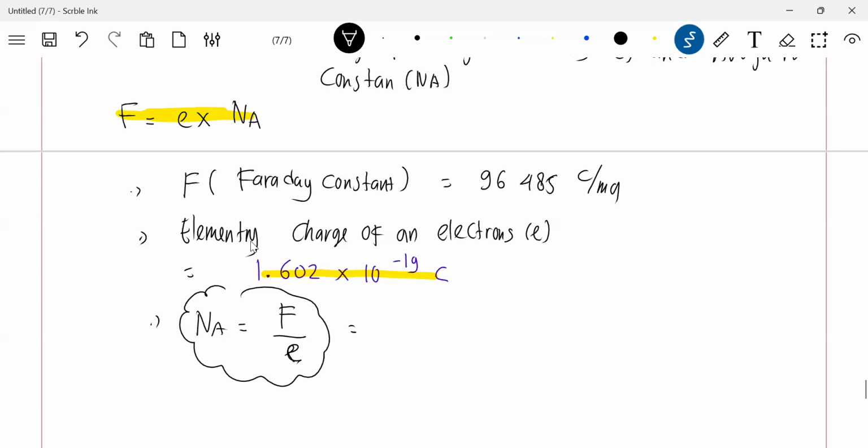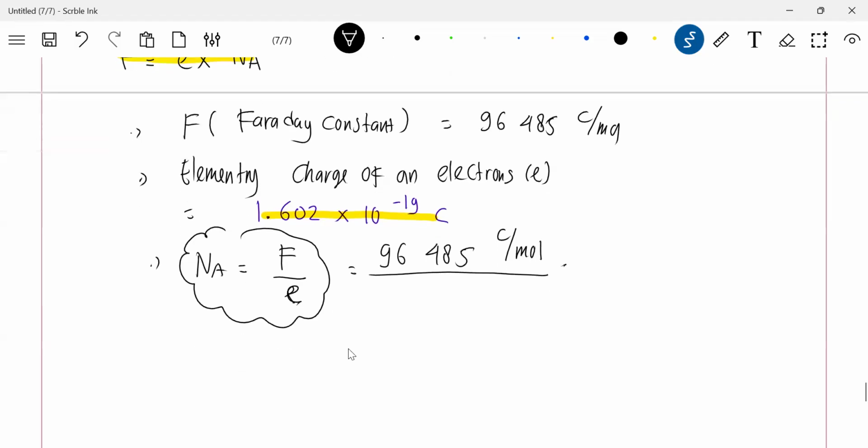So you just input 96485 coulomb per mole divided by 1.602 times 10 to the power of negative 19.